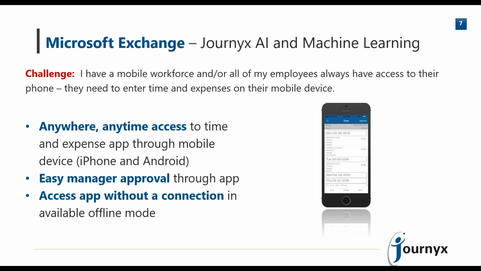Managers also have the ability to approve the time and expense data that's been tracked through the mobile app. And then for the folks that are like really out there in the middle of nowhere where there's no cell coverage, Journyx also does give you the ability to work both in an online and offline mode with a mobile app. So you can enter your time and expense data on a plane when you're coming back from a business trip.